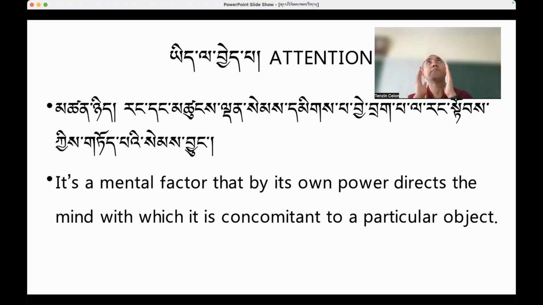Your mind will ignore the other balloons and focus only on that particular balloon. So our attention allows us to focus on particular objects. I hope you understand the meaning of attention.